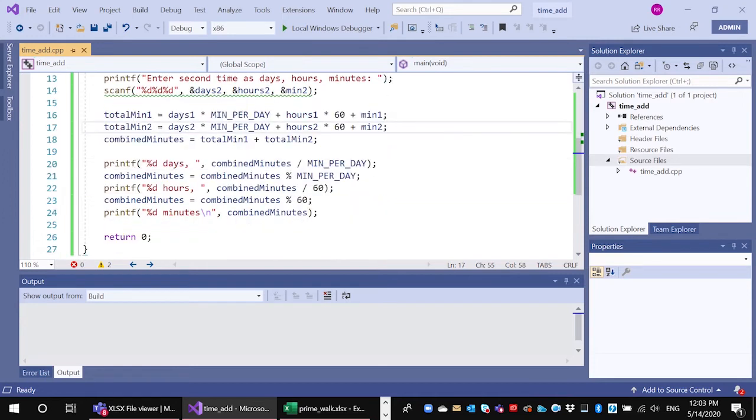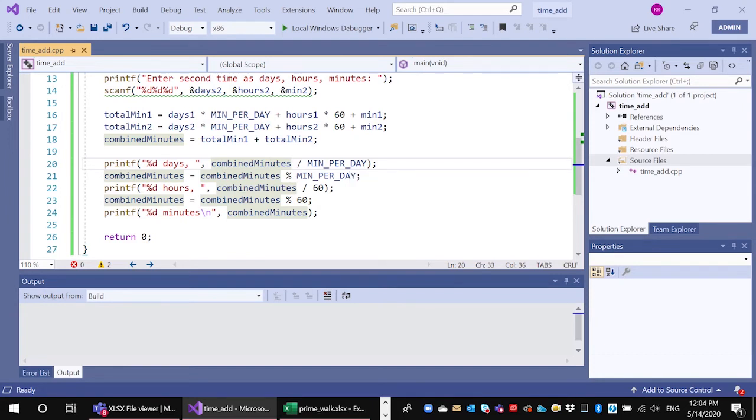So the question is, well, now that I've got all these minutes, how do I convert them back into days, hours, and minutes? So I print out the number of days is the combined minutes divided by min per day, or the number of minutes per day.